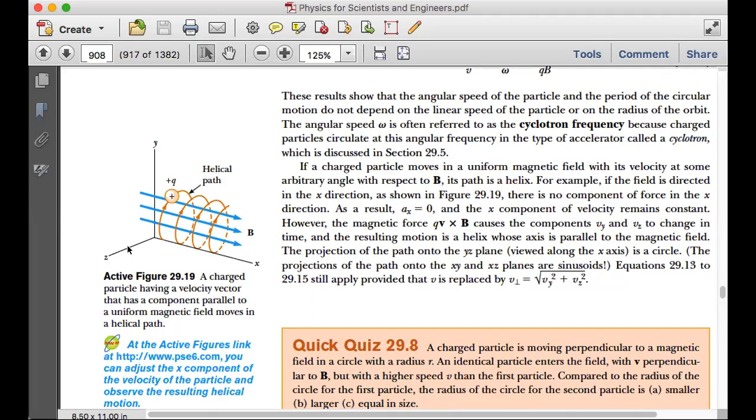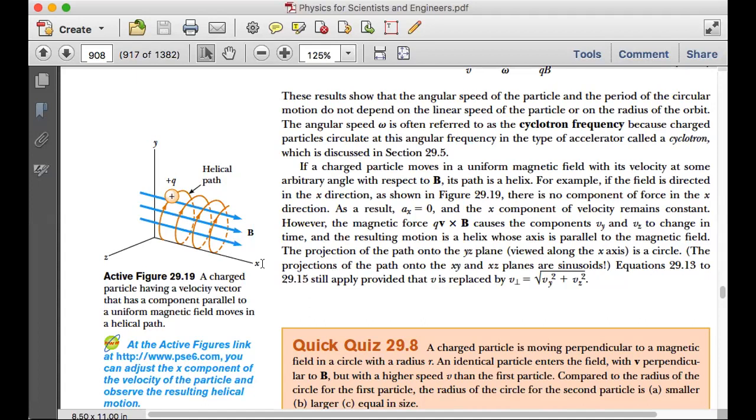Is that clear what I'm saying? It's helical motion, not spiral motion. In spiral motion, the radius is changing, depending on time, but here we have a constant radius, so it should be helical motion, not spiral motion. I'm sorry, I correct my statement from before. It's helical motion.